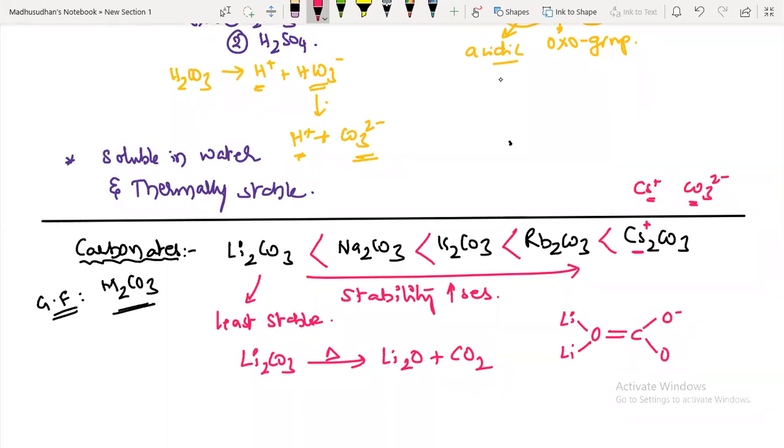Now it will break like this. What is the product on this side? Lithium oxide, and on the other side carbon dioxide. Due to being thermally unstable, on slight heating it decomposes to lithium oxide and carbon dioxide.